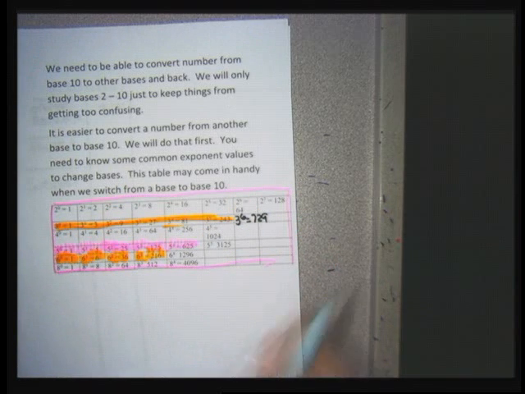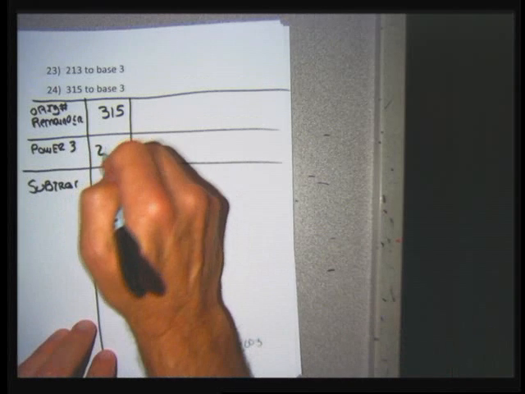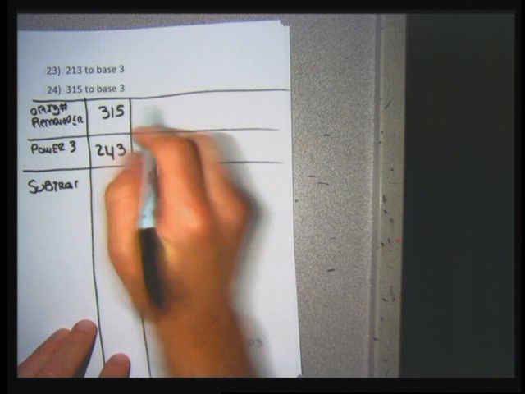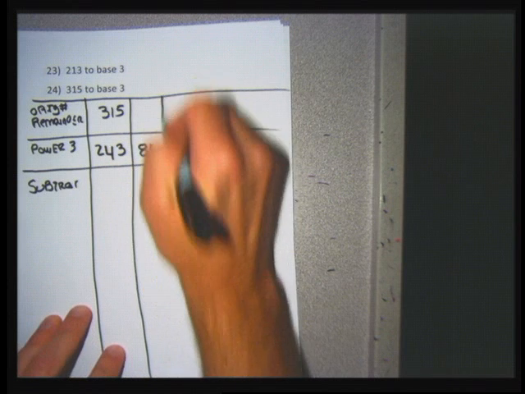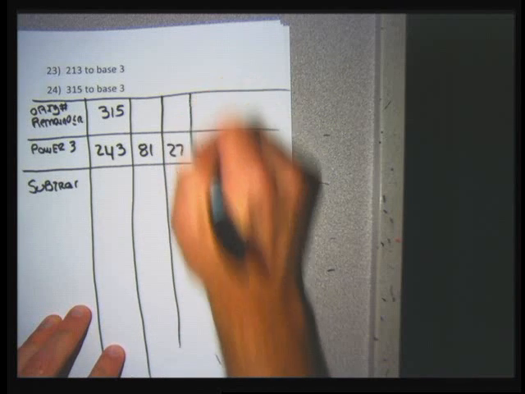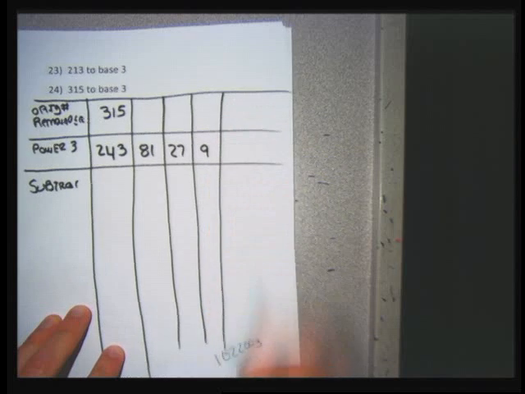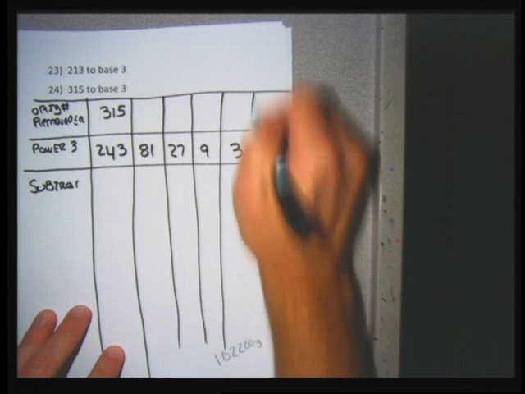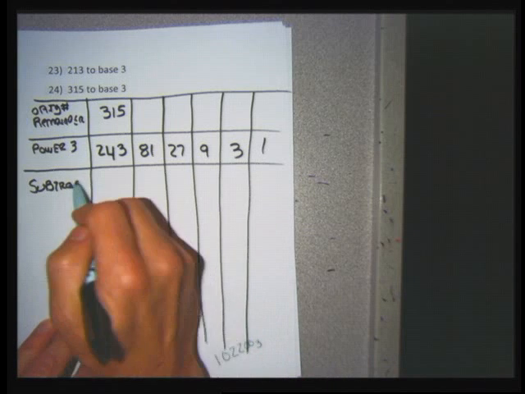So you get an easier problem. So I'm going to have a 243, an 81, and you're just going to start with an 81, a 27, a 9, a 3, and a 1. And what am I going to subtract to start?